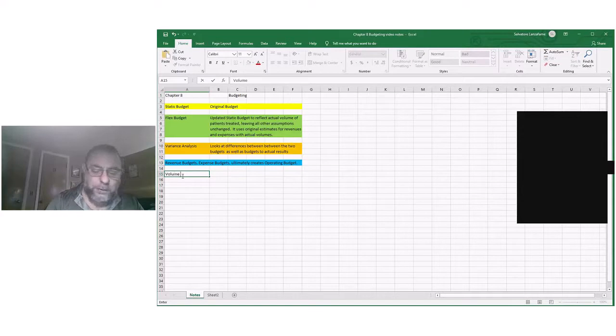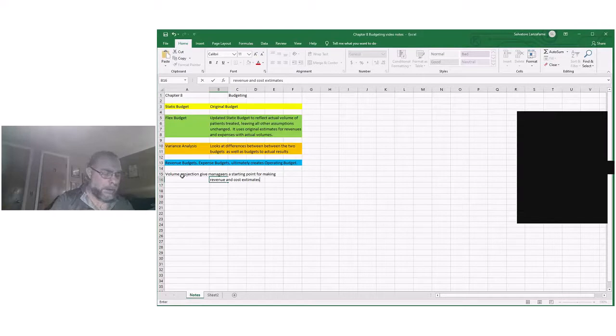Volume projection gives managers a starting point for making revenue and cost estimates, kind of give them an idea of how to figure things out for the upcoming period, right? So that's important to know.